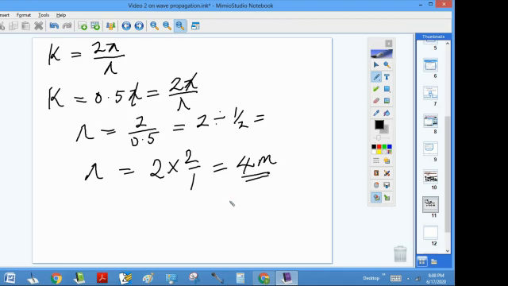Next we are asked to find the wave speed, which is V. It's represented by V equals f lambda.